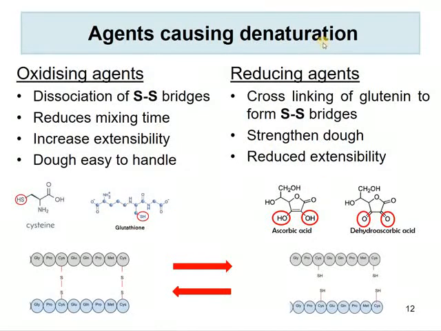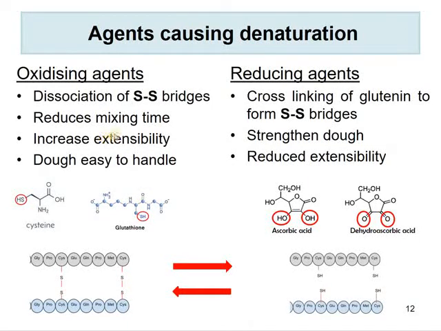But on the other hand, you can also have reducing agents. Reducing agents do the opposite. They cross-link the glutenin by forming disulfide bridges. So they oxidize the gluten structure to form those linkages. In that way, it strengthens the dough, it makes the dough hard, and it reduces extensibility.